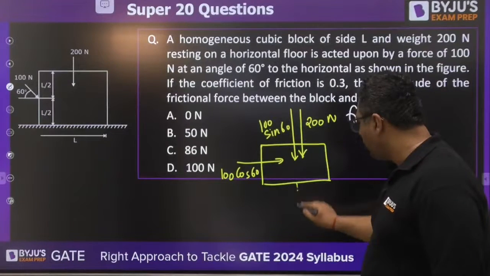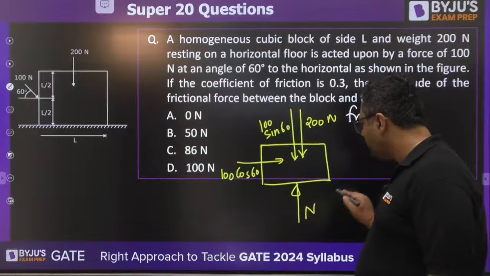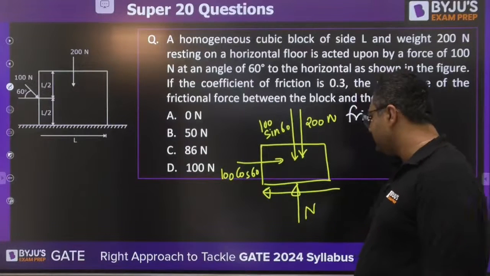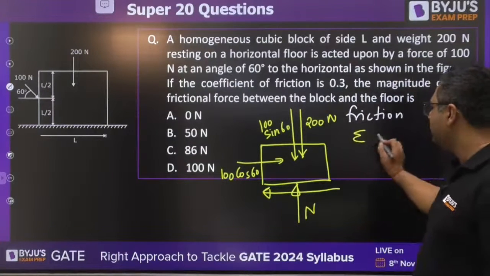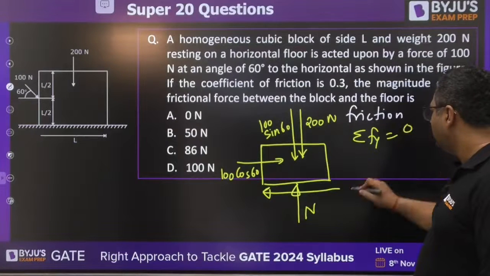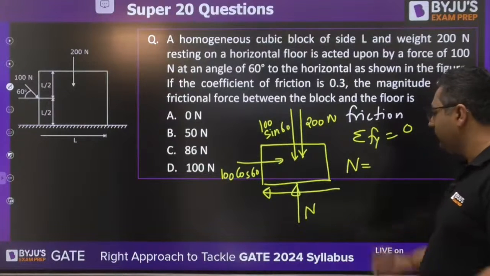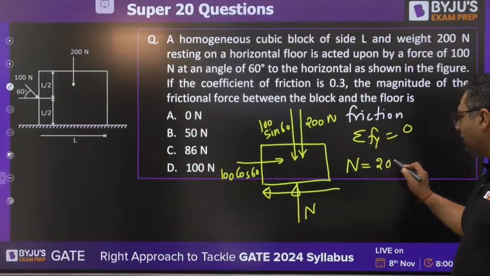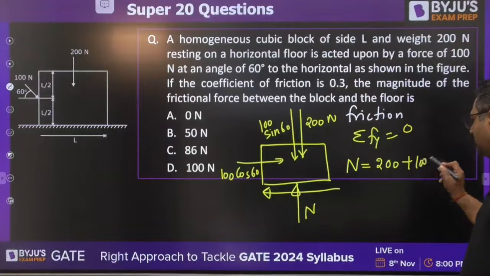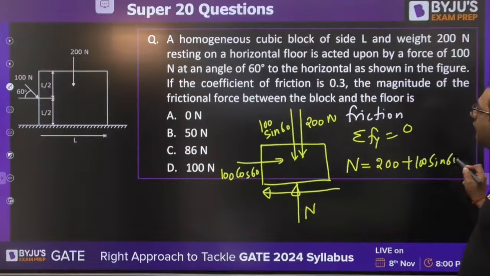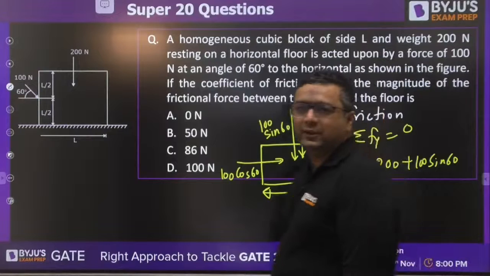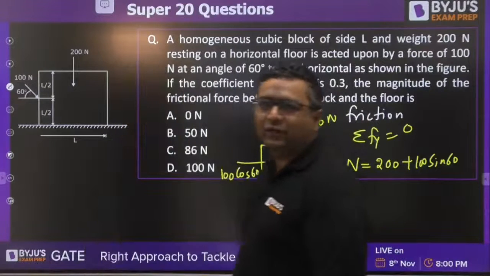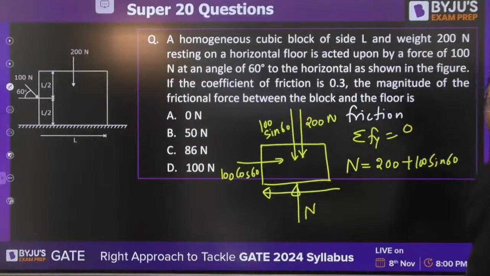And you will be having normal reaction to be like this, friction force to be like this. So when you go for summation Fy to be 0, you will be getting normal reaction. I feel normal reaction is coming 200 plus 100 sin 60. Is it clear? Yes, Vineet, Kalyan and Midun, you guys are correct.